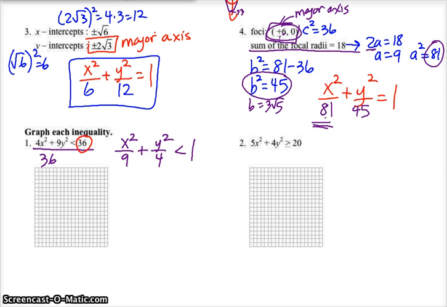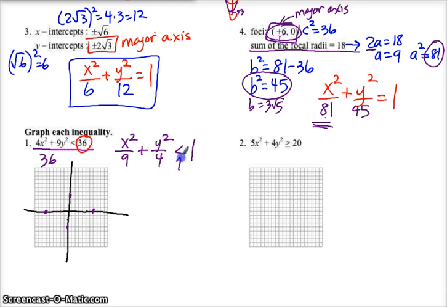I make my axes, and then I count out by 3s. I'm going to go by 2s this time. So 1, 2, 3, 1, 2, 3. Again, remember plus and minus square root. I'm going to go up 1, 2. I'm going to go down 1, 2. I'm going to draw the ellipse.